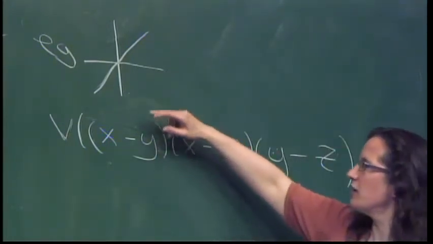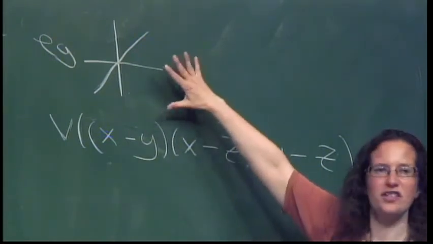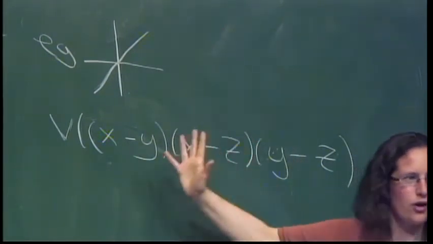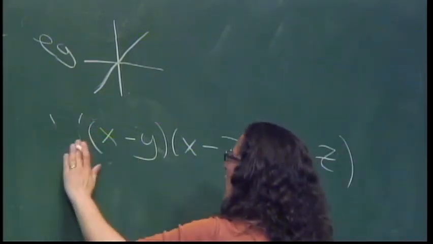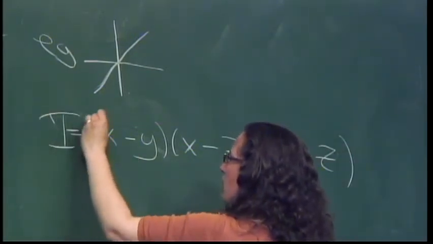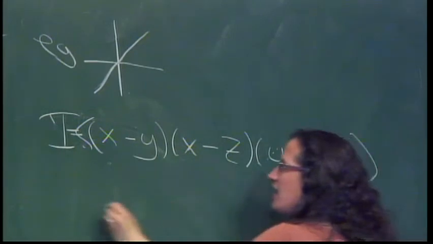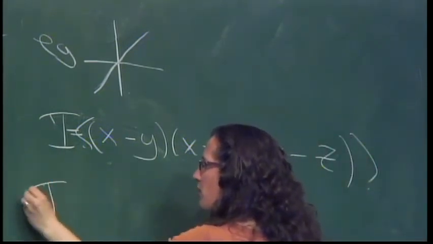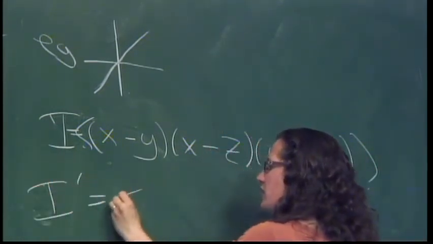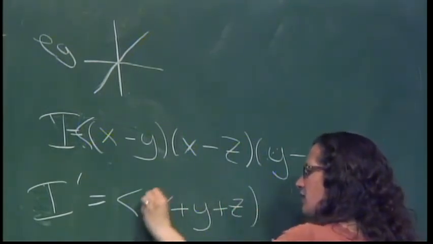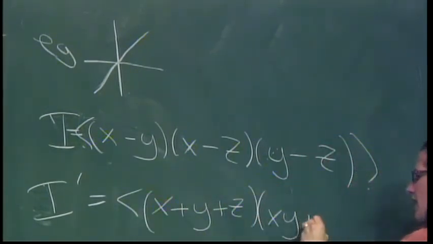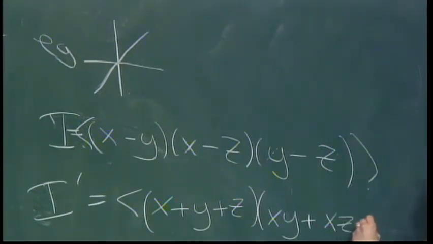Maybe think of this as having suppressed the z direction; in the tropical variety, I've quotiented by (1, 1, 1). So let's take I to be generated by this, and let's take I prime to be generated by x plus y plus z times xy plus xz plus yz.